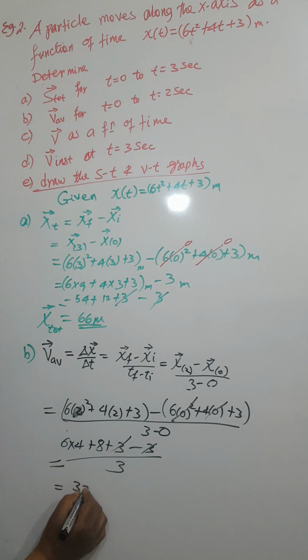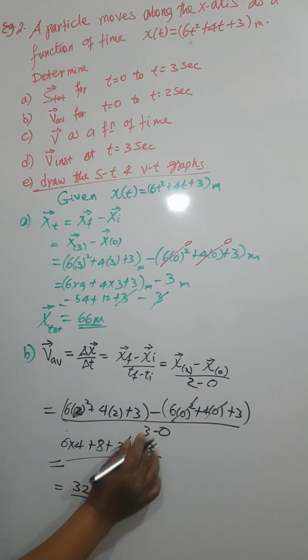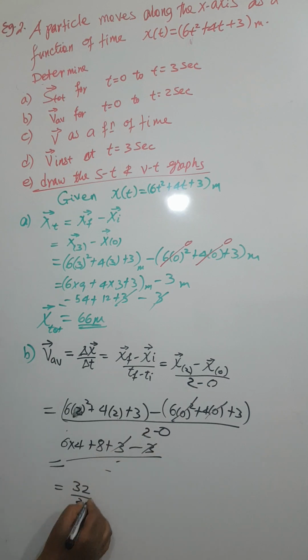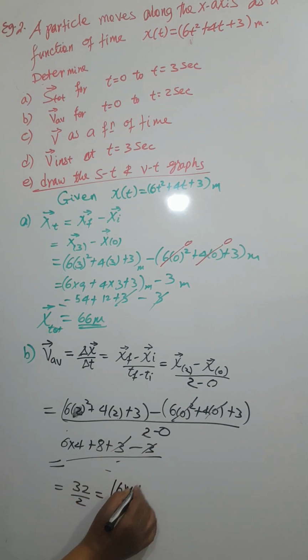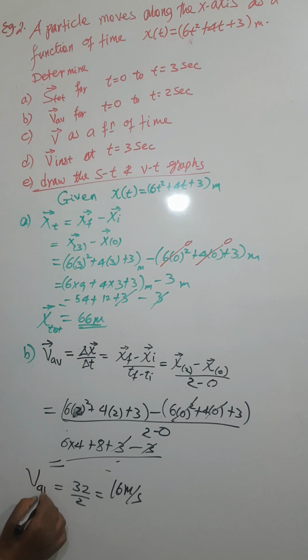This is equal to 32 divided by 2, which is 16 meter per second, v average. The average velocity for the time interval of 0 to 2 seconds is 16 meter per second.